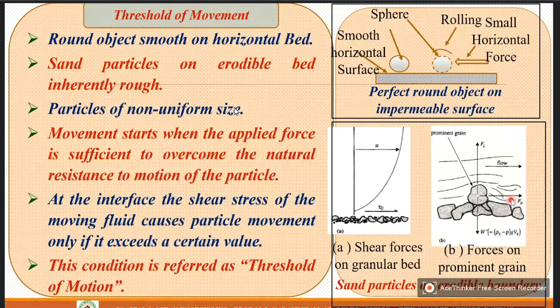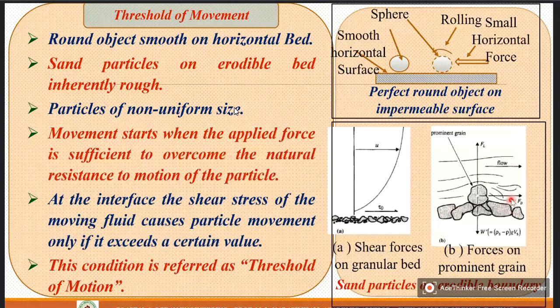In last semester, you have seen that in case of a circular cylinder or a sphere, the combination of uniform flow and vortex will give you a lift force. The streamlines on the upper part will be at larger distance, and here they will be at smaller distance.